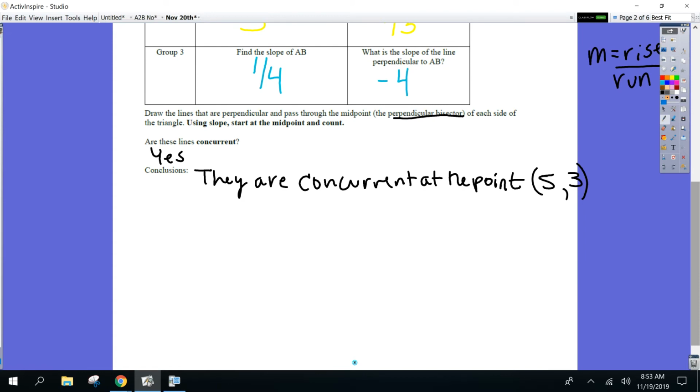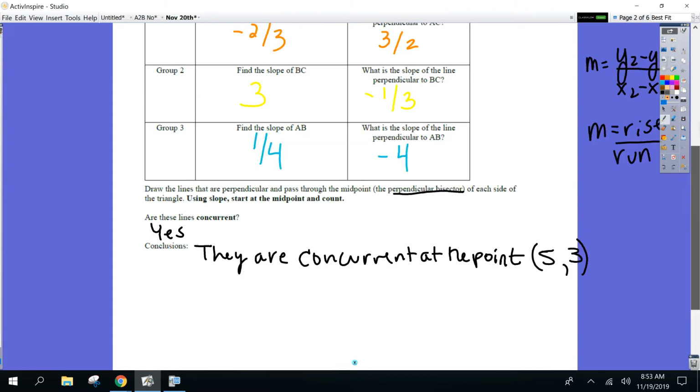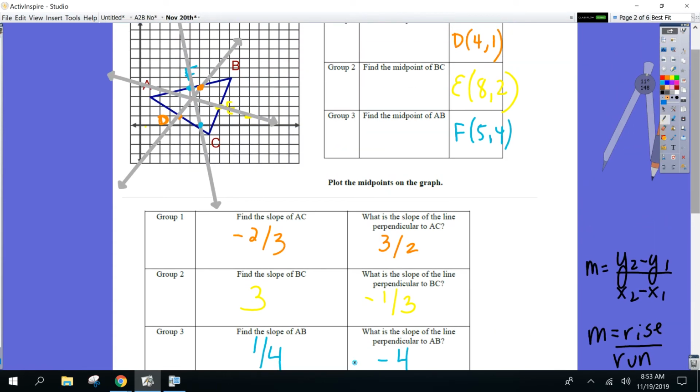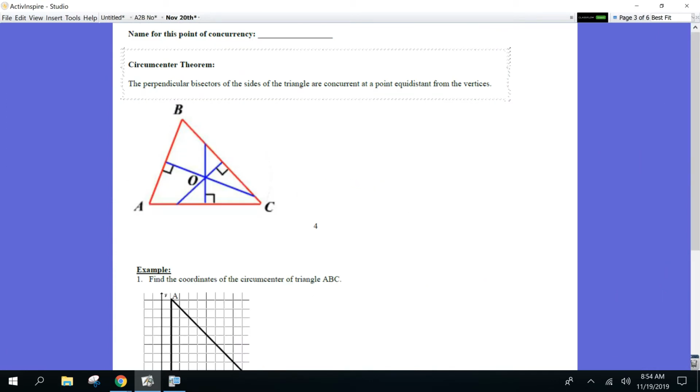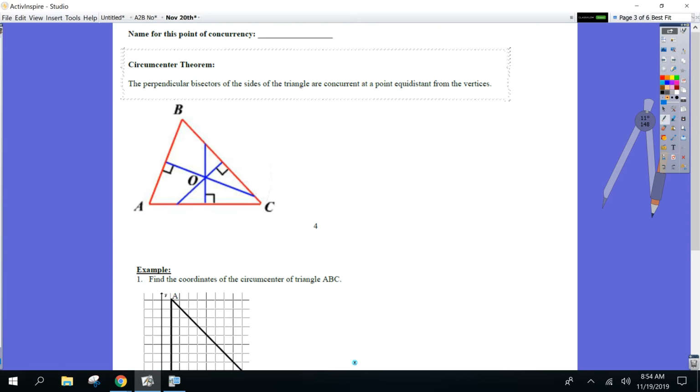Questions? All right, final thing we need to do is, that point's got a special name now. When the three perpendicular bisectors meet, that point they meet at, everyone ready?